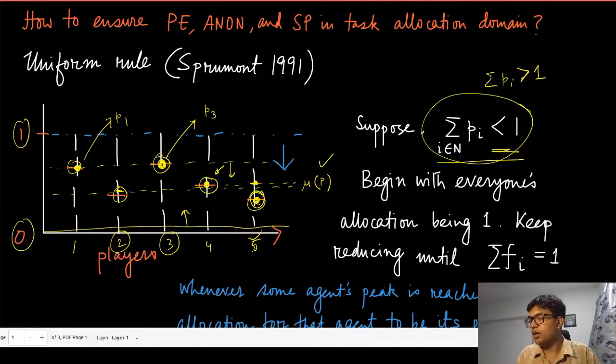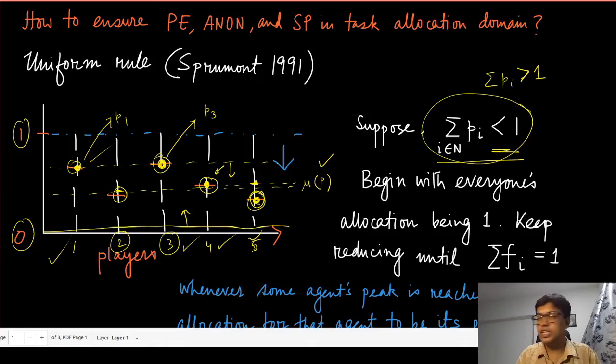Let us continue with that example. So now, these 3 agents, agent 3, agent 4 and agent 1, have no reason to misreport their preferences, because they have got their favorite share of the job.